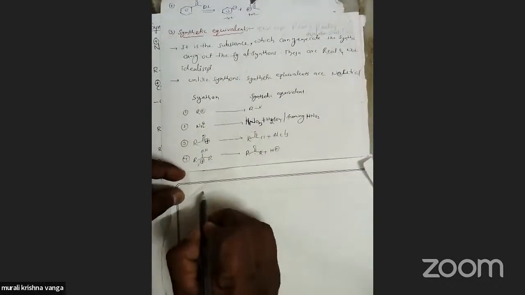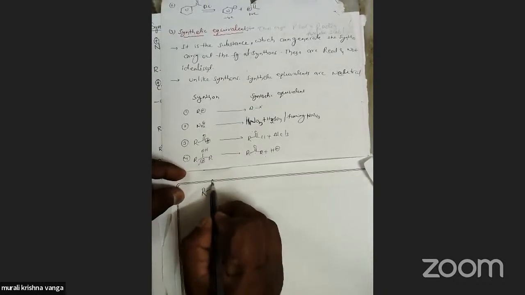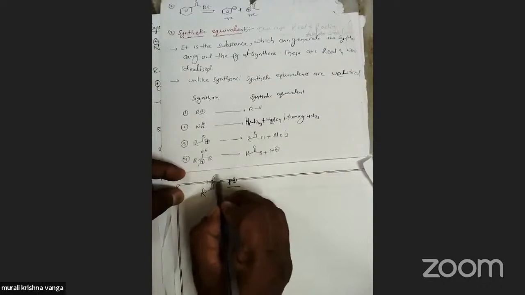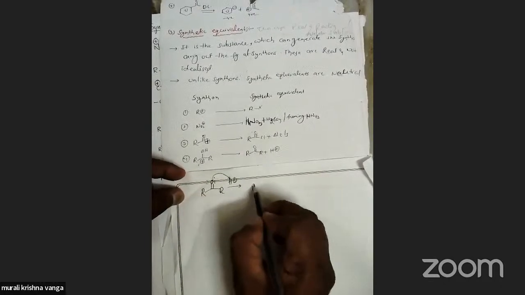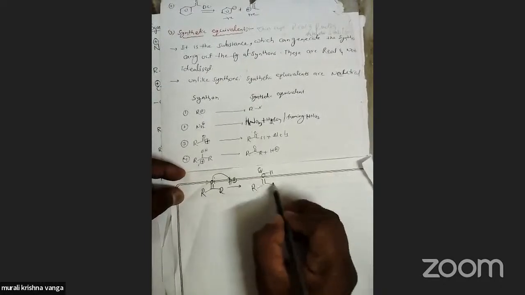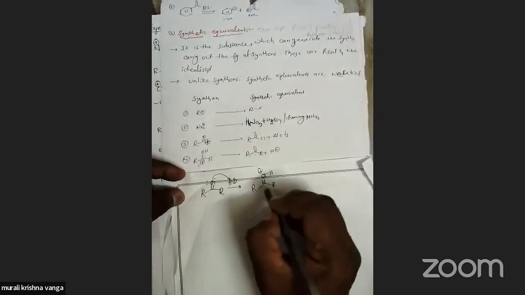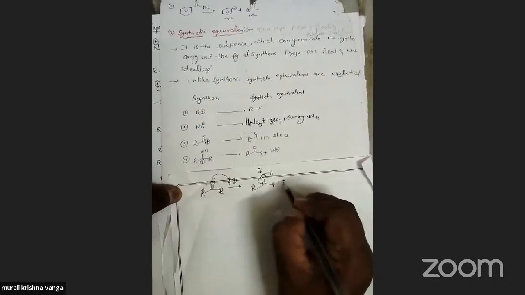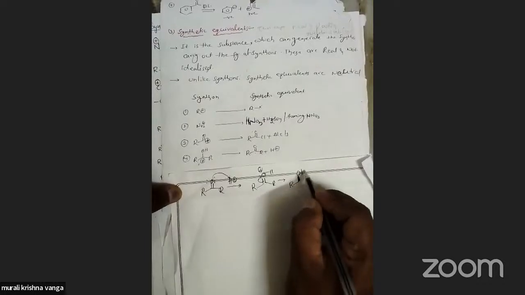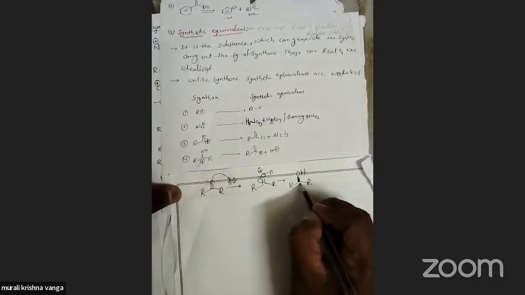How do we get this synthon? When a carbonyl compound reacts in acid medium, the proton attacks the carbonyl oxygen, and the oxygen gets a positive charge. For neutralization of this positive charge, the pi bond shifts towards the oxygen side, then OH and R, here this is a positive charge. Like this is a synthon and this is a synthetic equivalent.